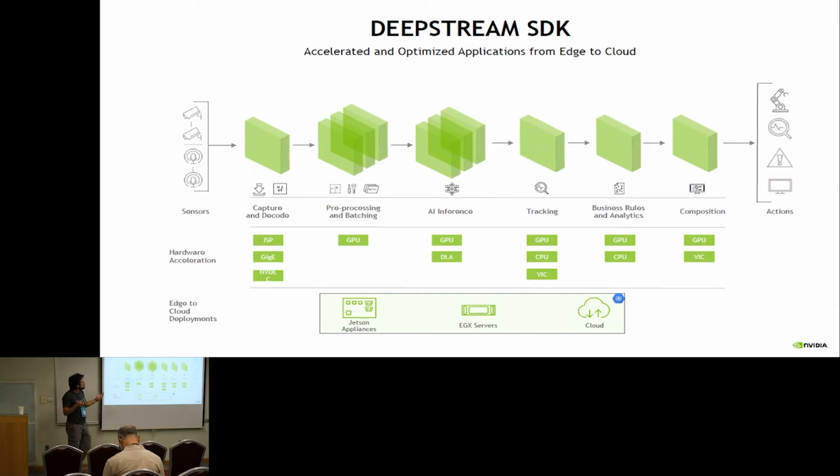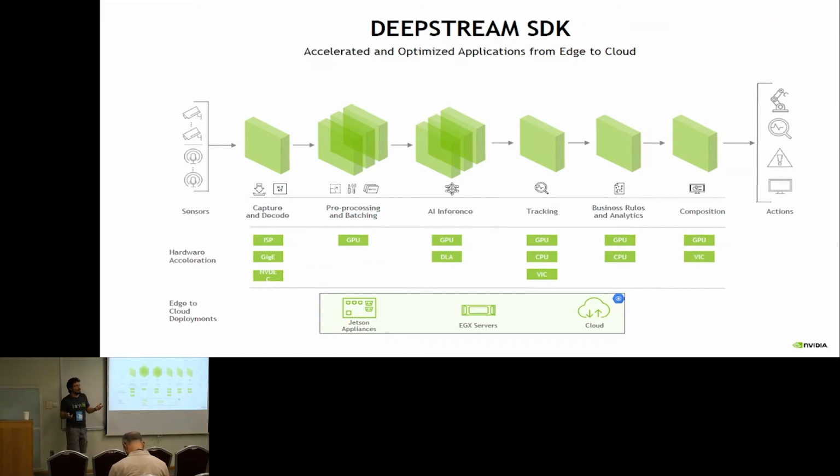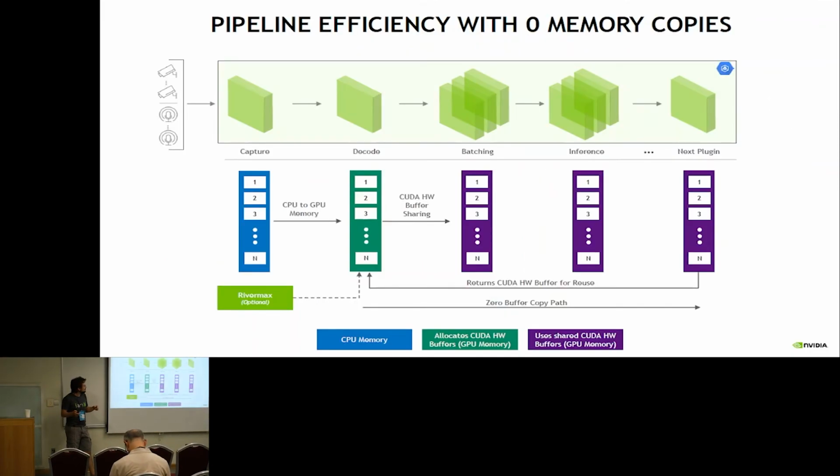And all these operations can be hardware accelerated, and that's what one should do, especially for decoding and encoding of the video. There is a special accelerator on the GPU which is called NVIDIA coder. Make sure you are using that if you are working with video and it's decoded.